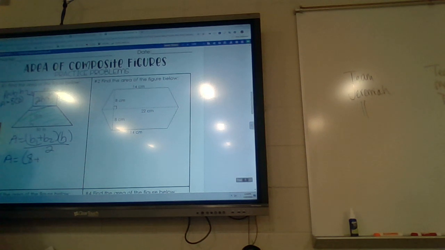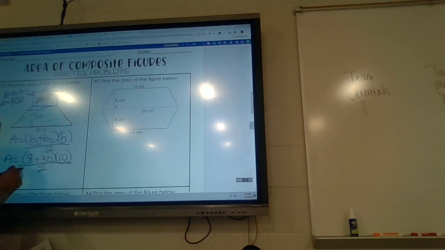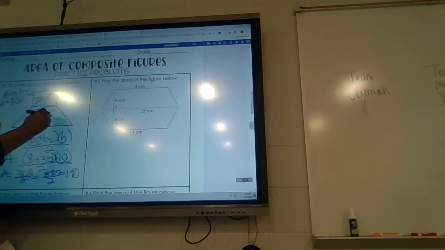Base 2 is 30. My height is 10. And all divided by 2. So this is 8 plus 30, which is 38, times 10, divided by 2, which is 380, divided by 2, which is 190. So the area is 190.